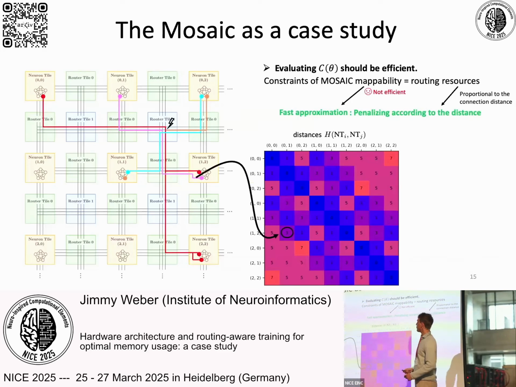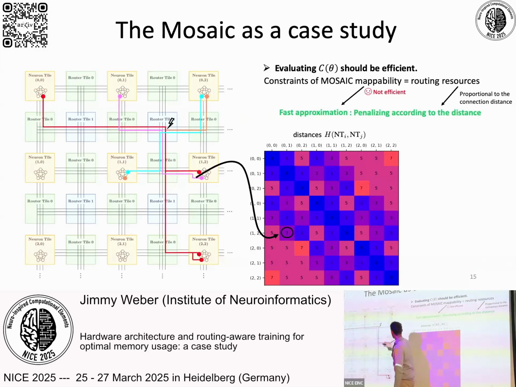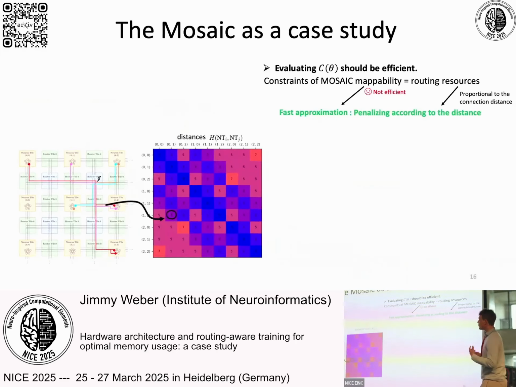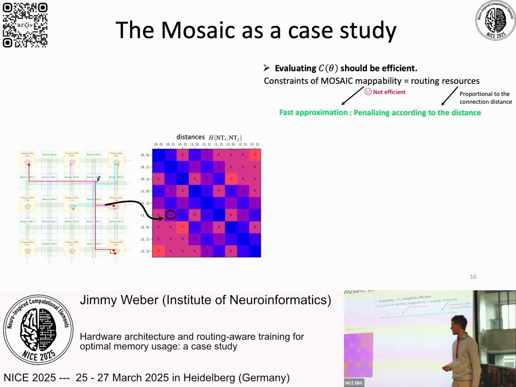How did we do that? We first characterized all the distances between cores. For example, from neuron tile 0,1 to neuron tile 1,2, you have to go through 1, 2, 3 router tiles, so you are using 3 resources. We did that for all the different cores. Then we penalize or regularize according to the distance.